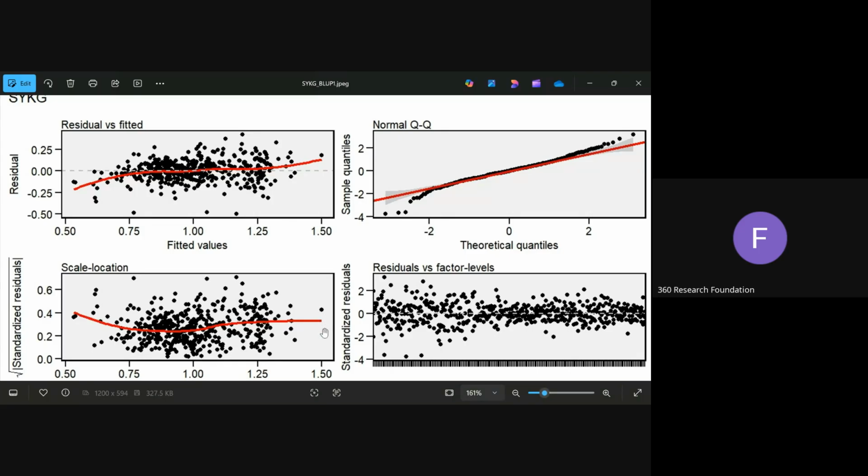If that red line is flat and horizontal, that means the residual variance is constant. Here in our case it is different, but if it is flat and horizontal, then the residual variance is constant.